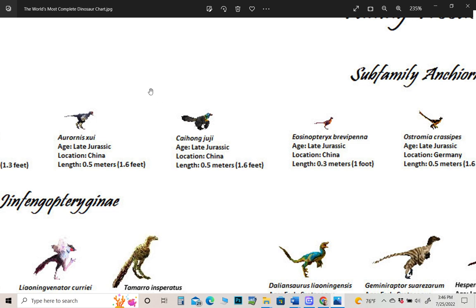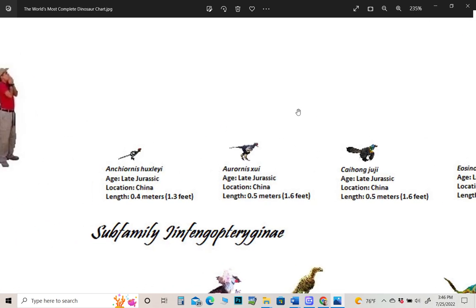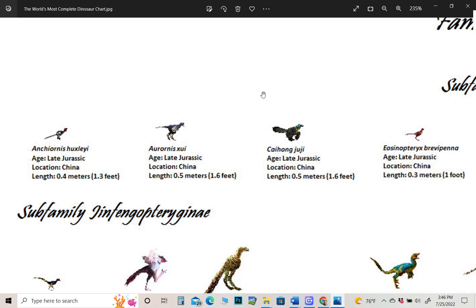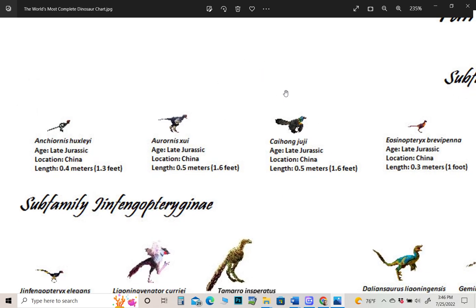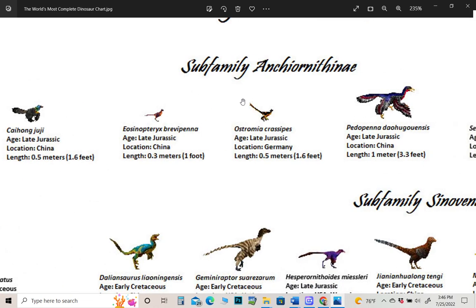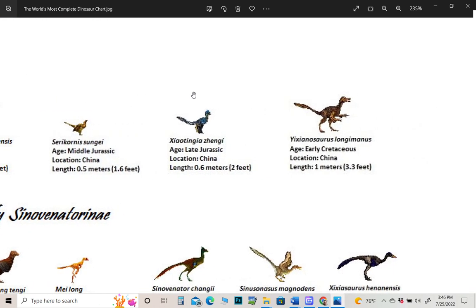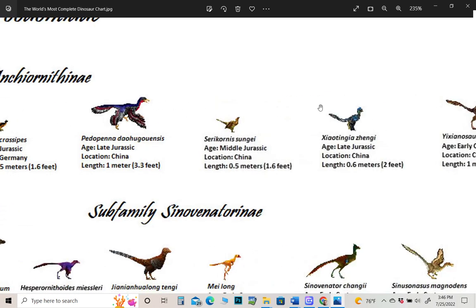Say a bird with 4 wings. But you think about it in modern paleontological context, you're like, oh, that's a Microraptor. So there's Aurornis, Caihong with iridescent hummingbird-like feathers, Eosinopteryx, Ostromia, Pedopenna, Serikornis, Xiaotingia, Ichthyosaurus.